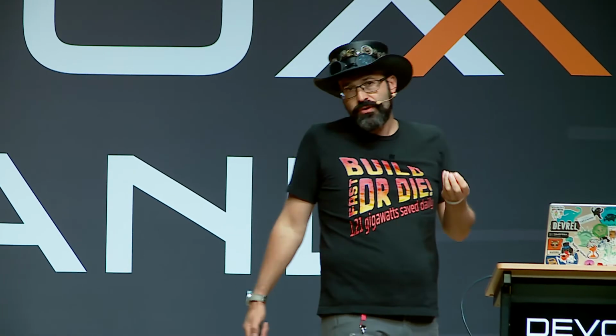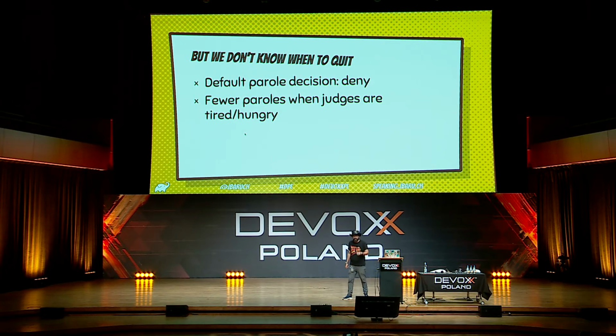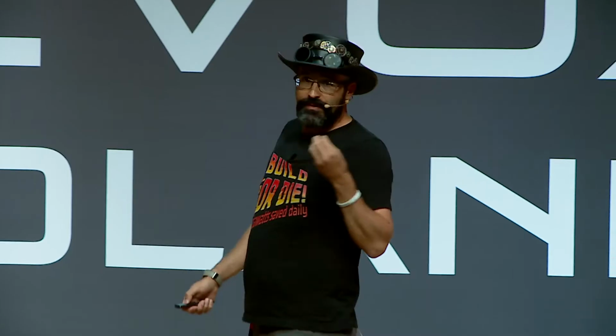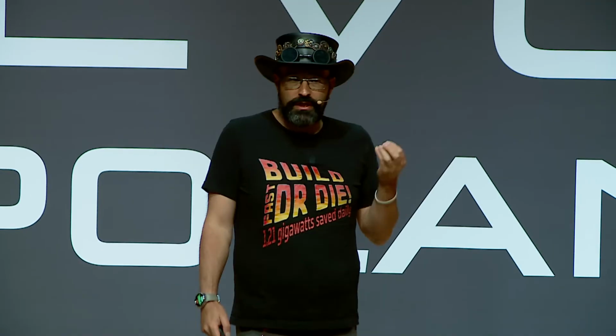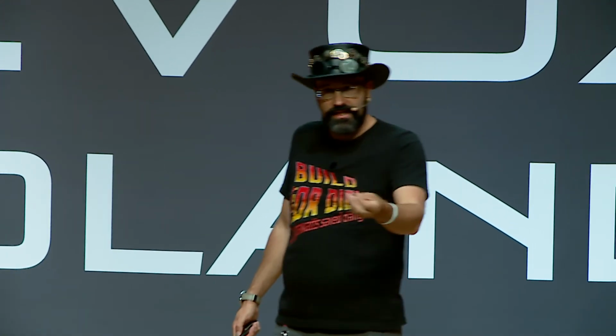And the interesting observation is that fewer paroles were given when judges are tired or hungry, namely before lunch and after 4 p.m. Granting parole requires System 2 thinking. They need to evaluate the case based on merits and think about it and reason whether this person should get parole or not.